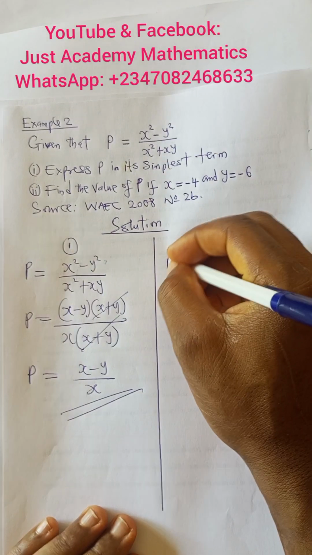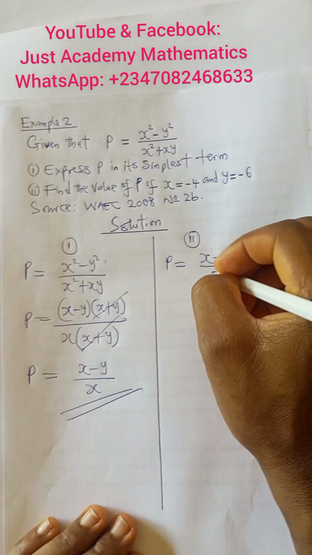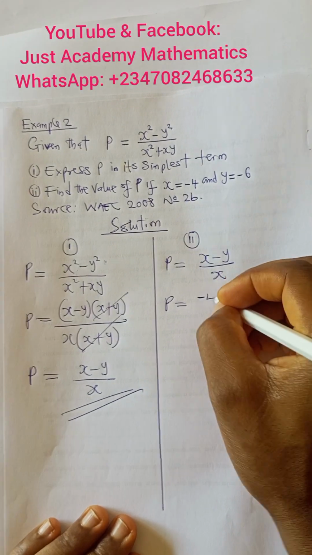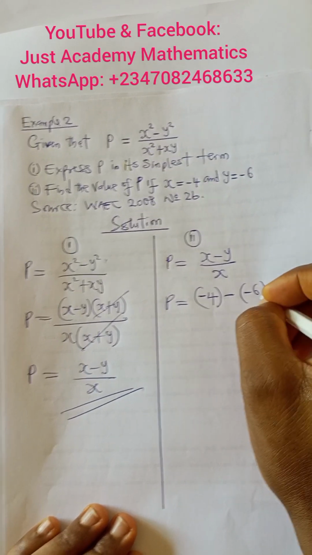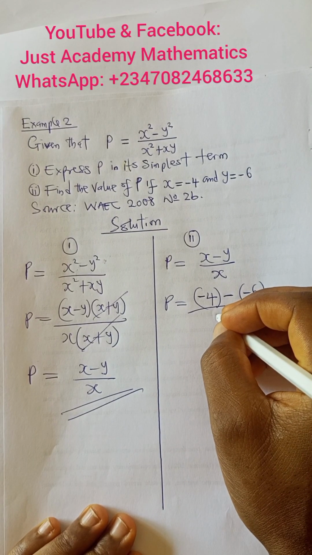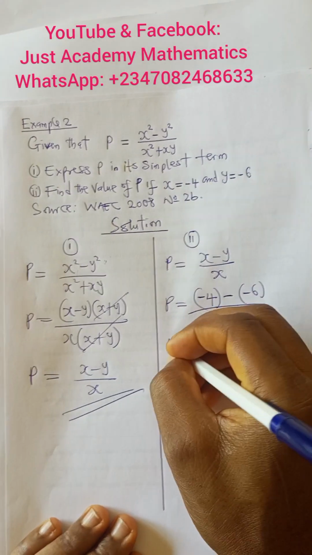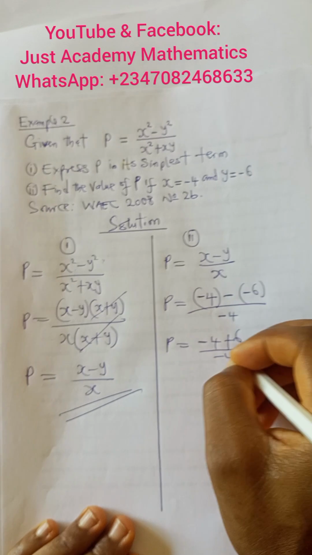So we already know that P in its simplest form is x minus y over x. So when x is minus 4 minus y, what is y? Minus 6 over what? Over x, what is x? Minus 4. So P is equal to minus 4 plus 6 over minus 4.